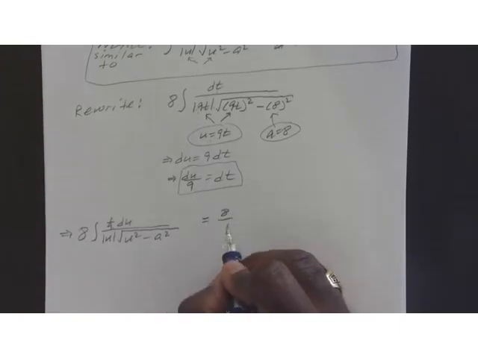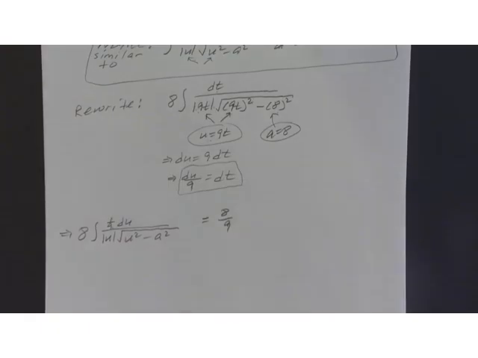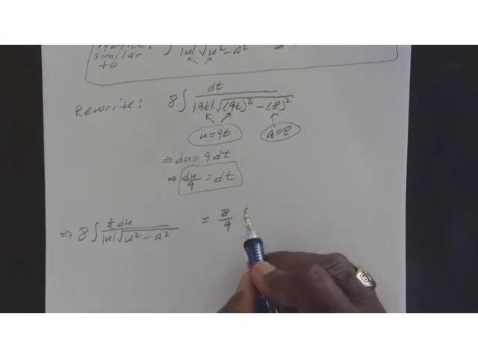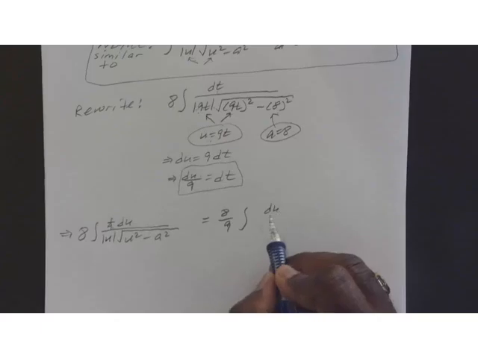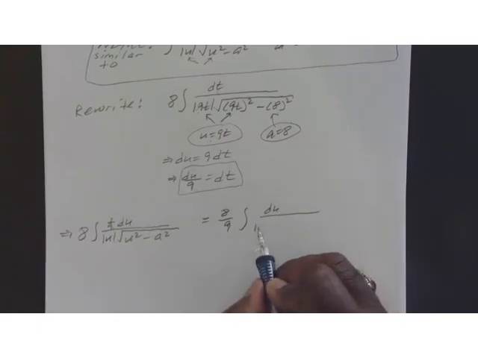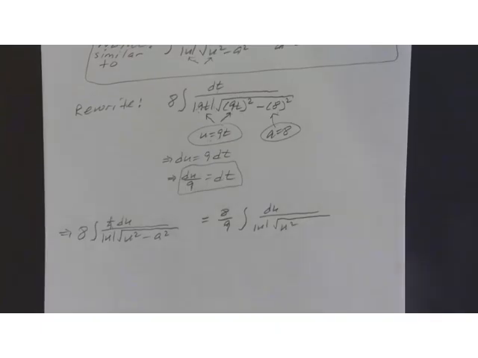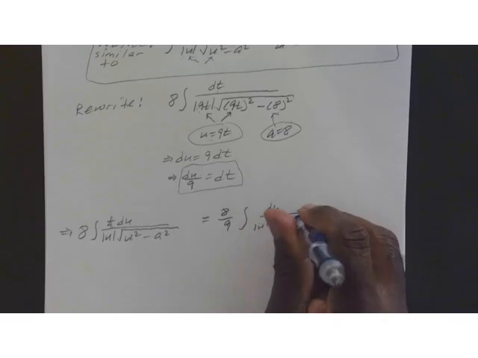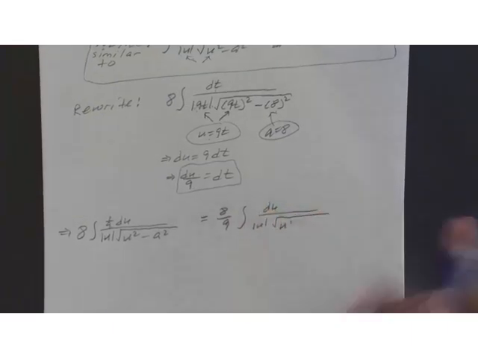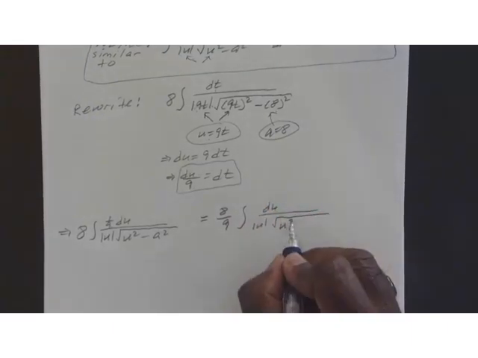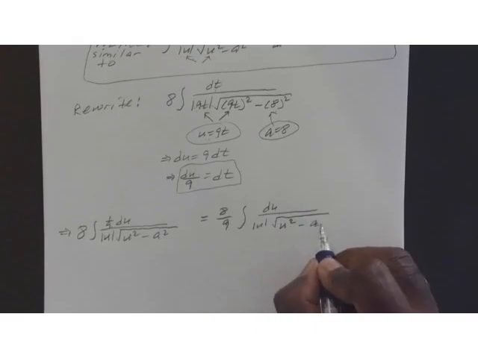So 8 times 1/9 is 8 over 9, times the integral of du divided by the absolute value of u times the square root of u squared minus a squared.